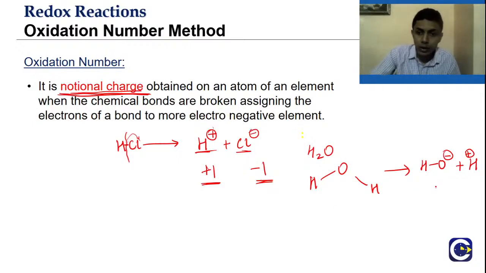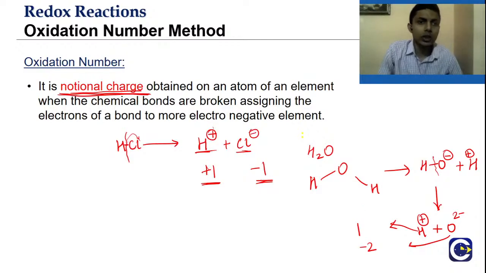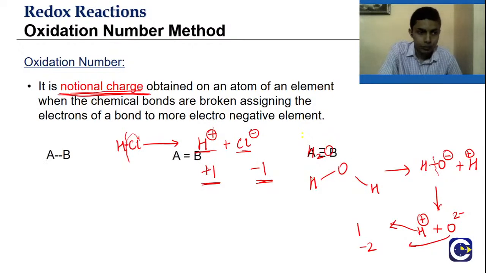Further, it can go, and if I take OH− and try to break this bond, H will again get a plus and O will get 2 minus. So the notional charge or oxidation number of oxygen would be −2. The oxidation number of hydrogen would be +1. In both cases it is +1. Clear? So this is what an oxidation number is. How it helps I'll explain a little later, but let us try to understand oxidation number in more depth.